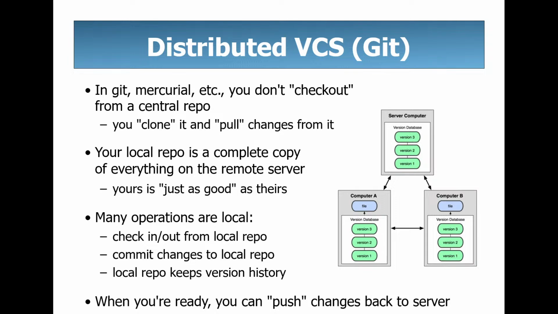Multiple users can work on different branches and synchronize their changes, facilitating collaborative development. Third one, offline work. Users can work offline with a full copy of the repository, enabling them to perform most tasks without needing a constant network connection.